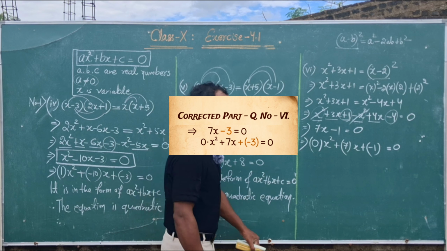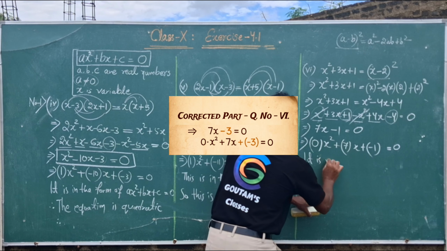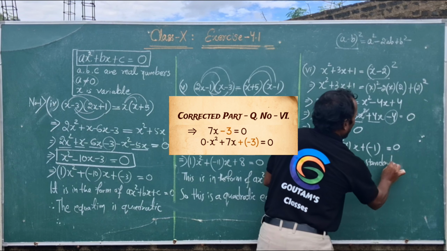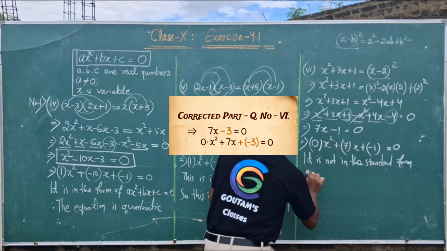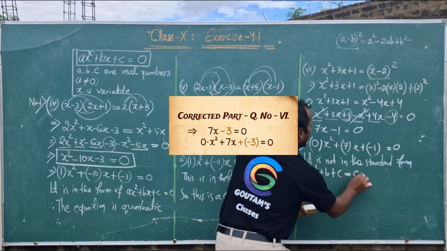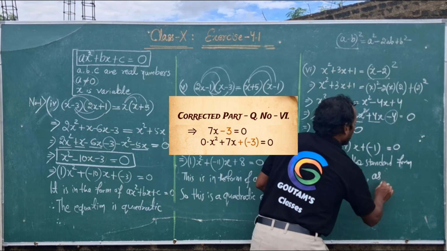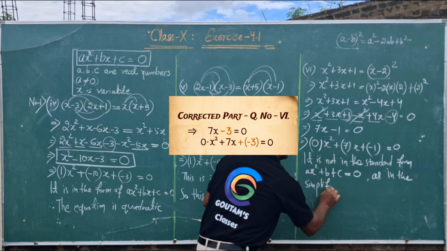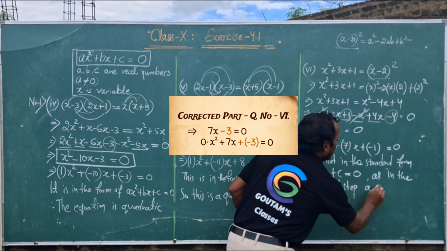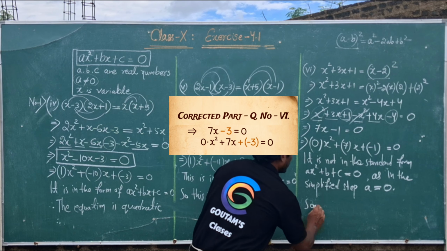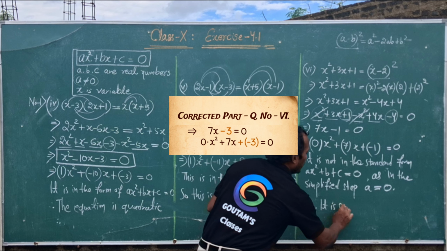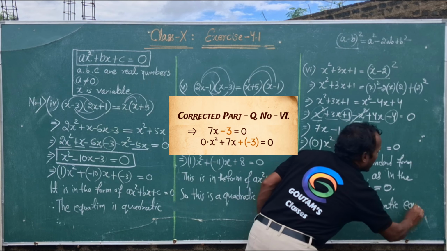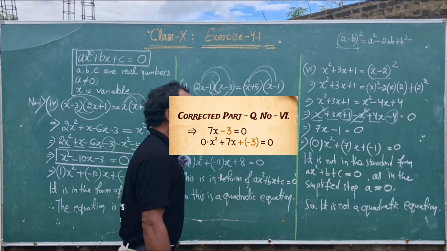So this is not in the standard form, ax square plus bx plus c equals to 0, as in the simplified step a is equal to 0. So it is not a quadratic equation.